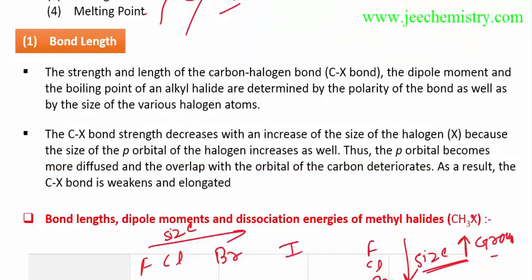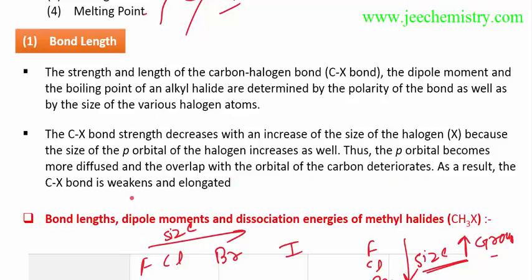As I have already written, the strength and length of the carbon-halogen CX bond, and the dipole moments and boiling points of alkyl halides, are determined by the polarity of the bond as well as by the size of the halogen atoms. CX bond strength decreases with increasing size of the halogens because the p orbitals of halogens become larger and more diffuse, so overlap with the orbitals of carbon deteriorates.